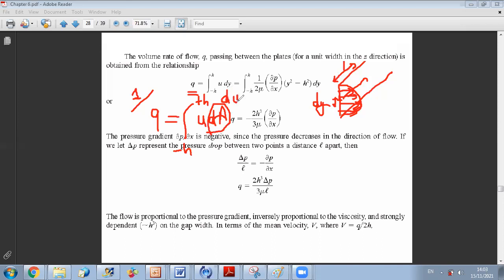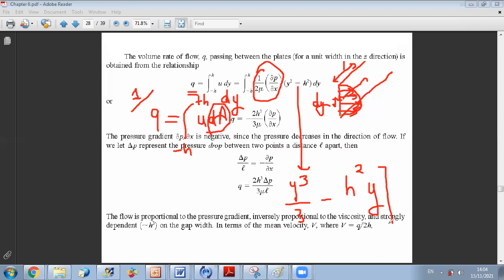And now all I have to do is to integrate this function, okay? You have that this is a constant, so you can take it outside of the integration. And the integral of this term is y cubed over 3 minus h squared times y, because h squared is a constant.